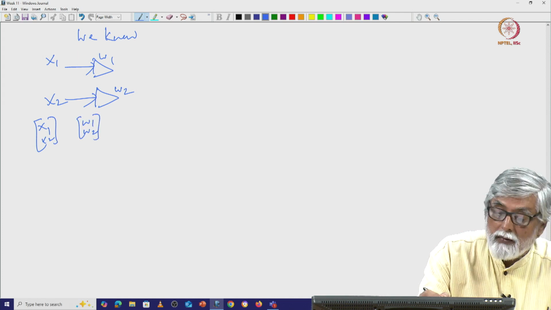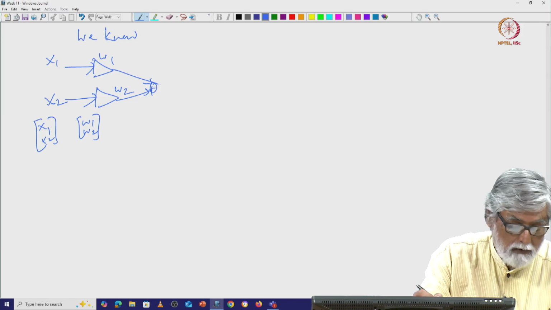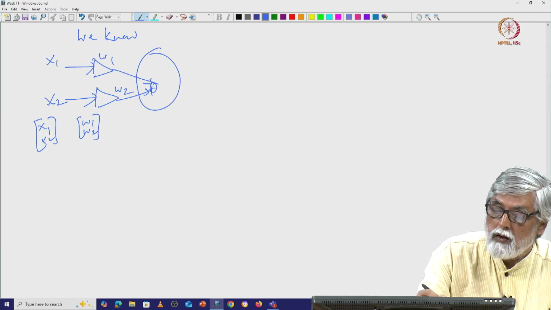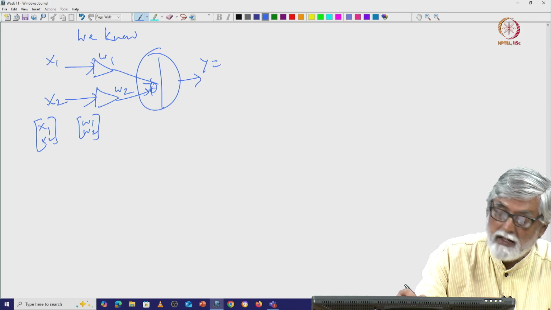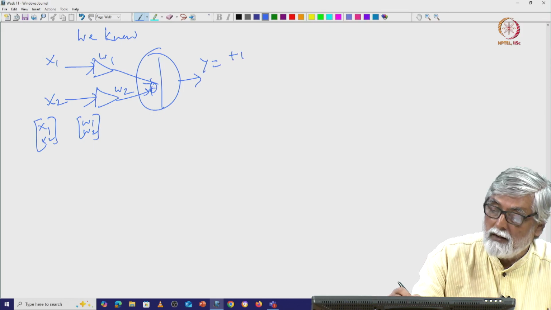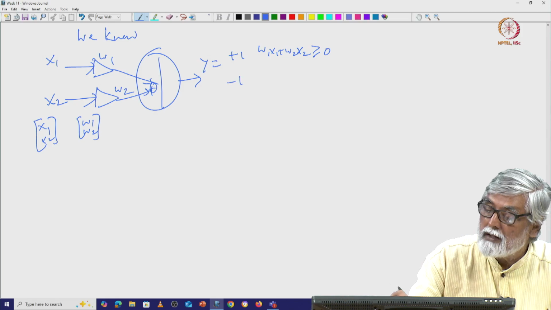It will produce an output y which is equal to plus 1 whenever w1 x1 plus w2 x2 is greater than or equal to 0, equal to minus 1 when w1 x1 plus w2 x2 is less than 0.